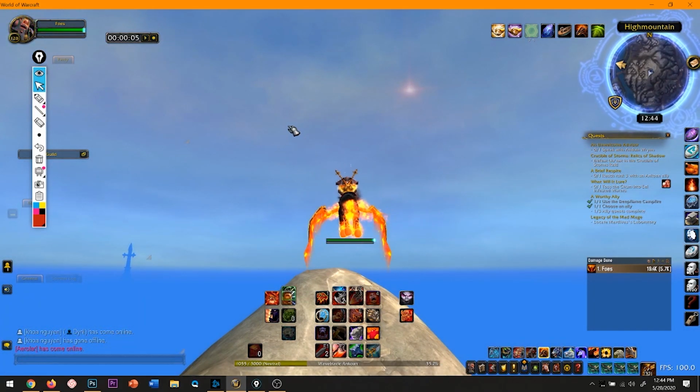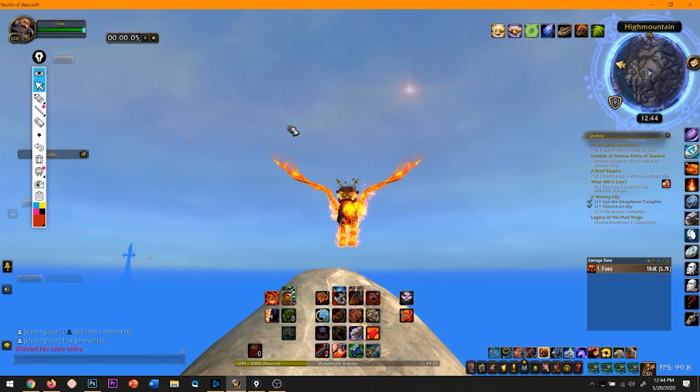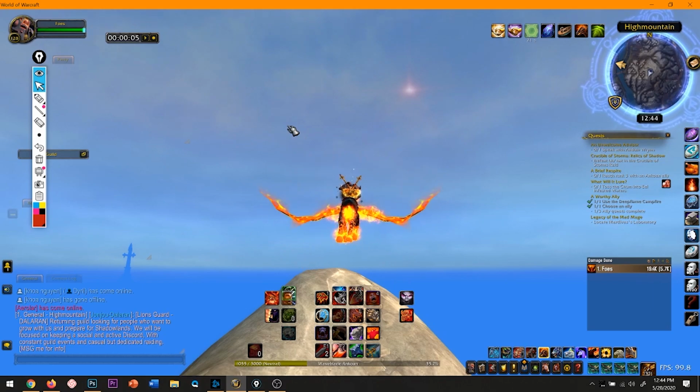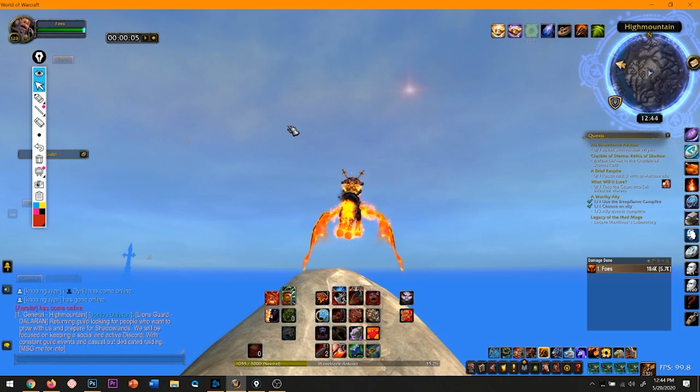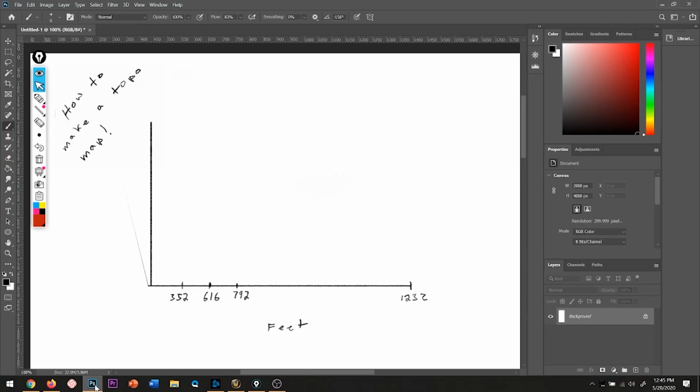Okay, 5 seconds. So that would be 5 times 88 again. 440 feet. So if we add that to our previous, so approximately it's like right around 1100.